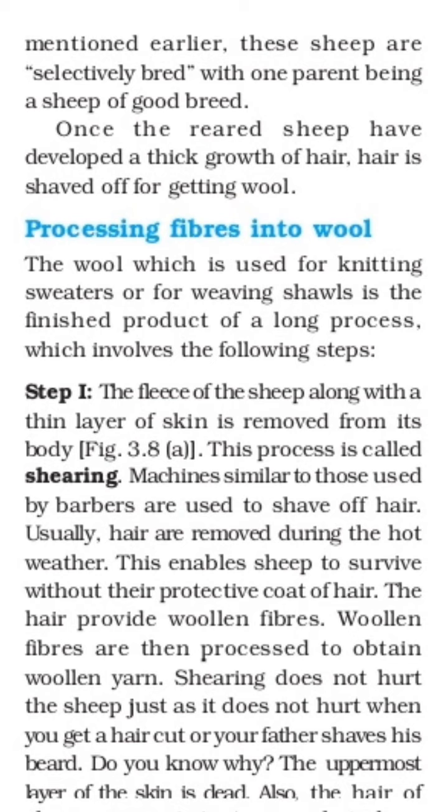For the reproduction of sheep, two parents are required, one male and one female, and one of them is used as a good breed, because the offspring we get will also be of good breed, and gives a lot of hair which will be converted into wool.